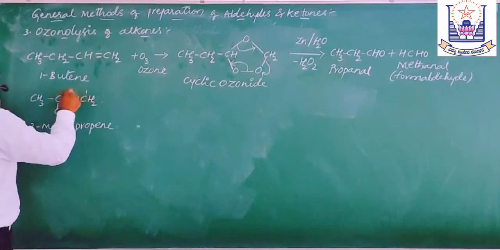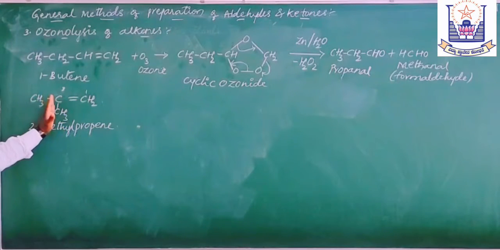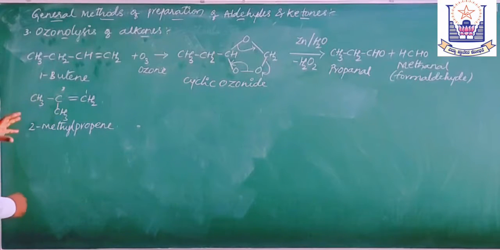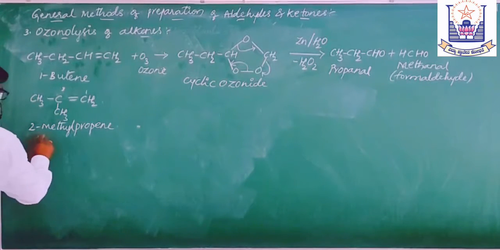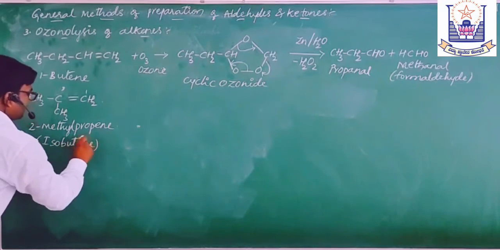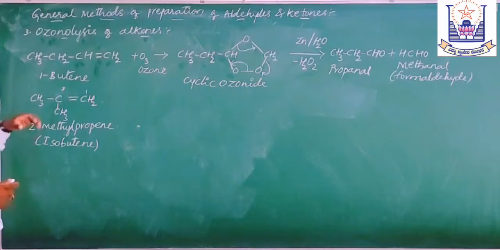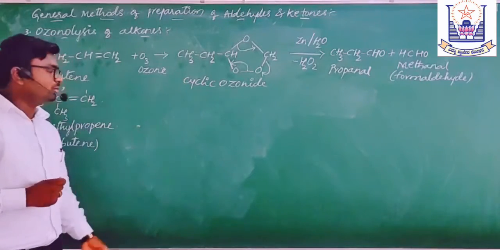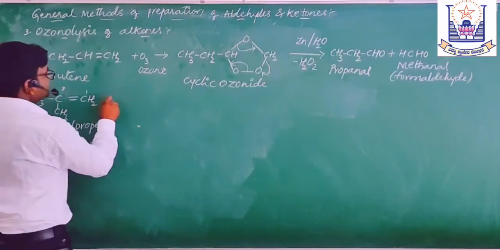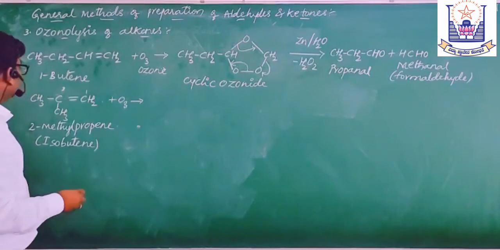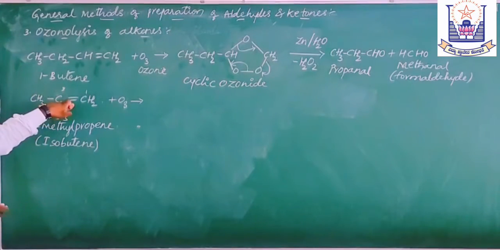This is position 1, this is 2, no? So at the second carbon atom there is a methyl, 2-methyl propene. In the common system, it is called isobutene. Okay. See, these two, 1-butene and isobutene, are isomers, but will give different products now. When this is treated with ozone, it gives a cyclic ozonide like this. Here unsaturation is there, no?